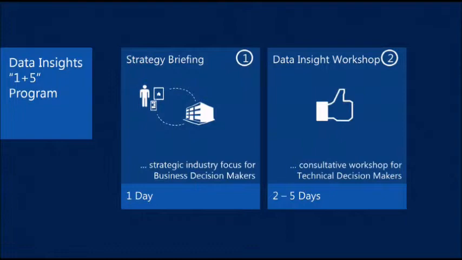This is the 1+5 program. It's a consistent approach that we use within our services organization for having a constructive conversation on what your business decision makers, or BDMs as we refer to them, what their needs and interests are, what is their intent, what are their objectives, that sort of thing.